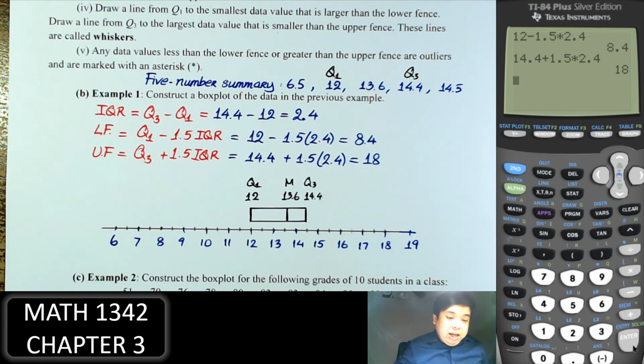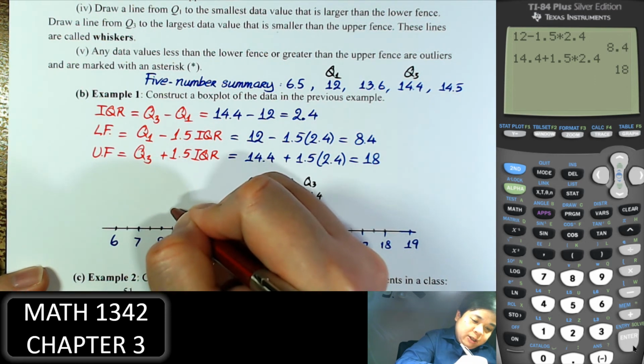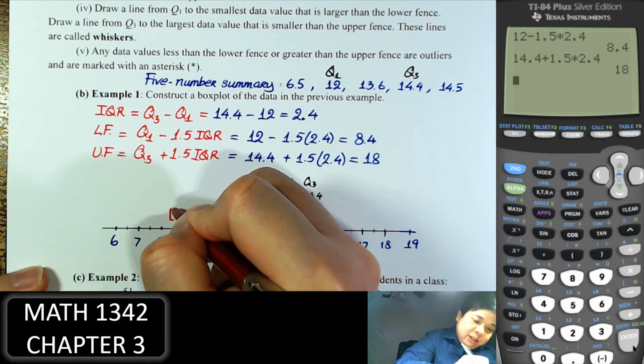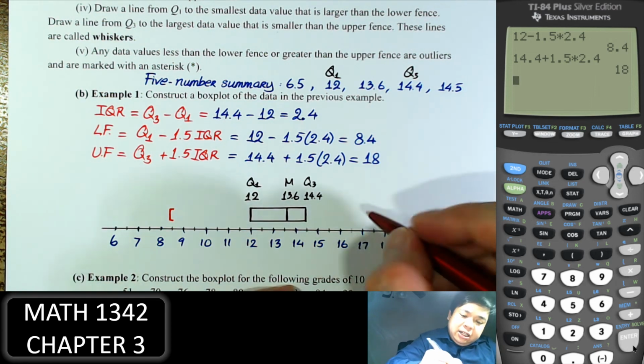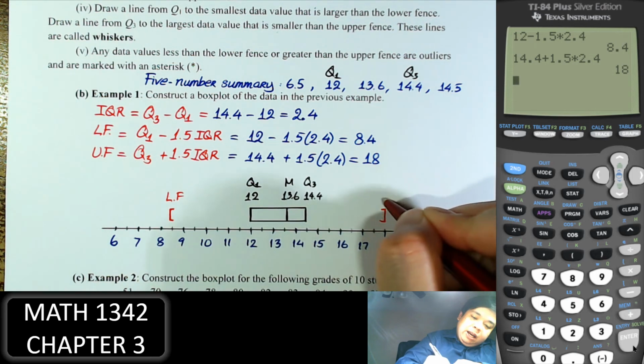Before that, let's label the fences: 8.4, a little bit on the left of 8.5, and then 18. So that's the lower fence and upper fence.